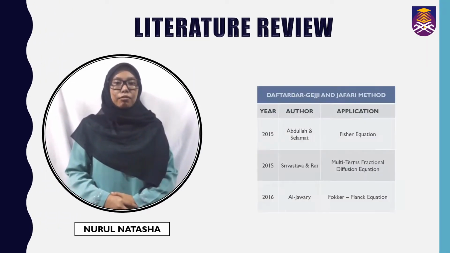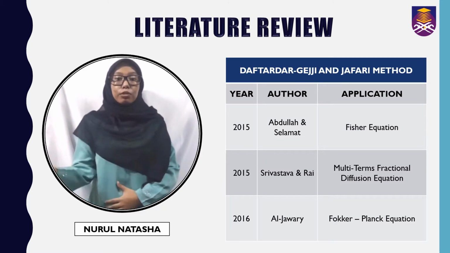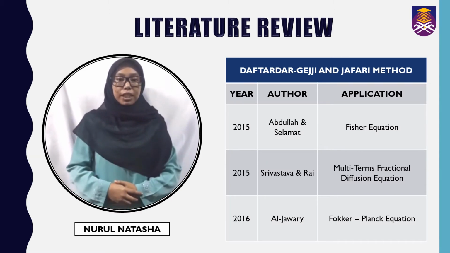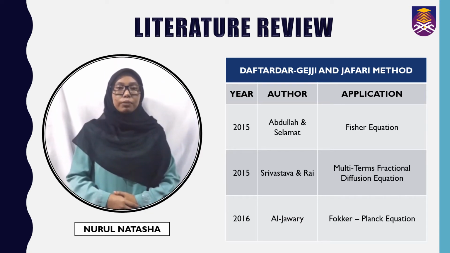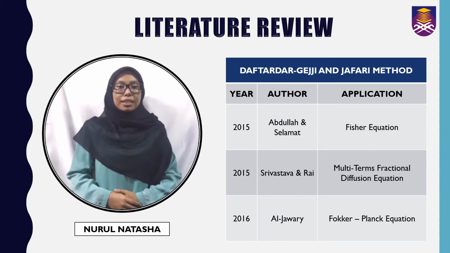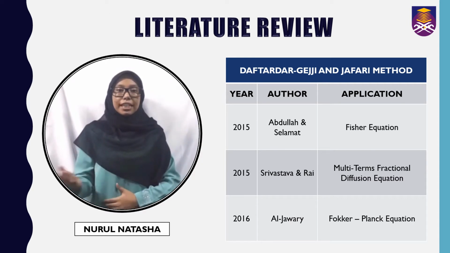Next is the literature review of the Daftardar-Gejji and Jafari method. In the article by Abdullah and Salamat in 2015, DGJM has been demonstrated on the Fisher equation in obtaining the power series solution. DGJM is applied to clarify linear and nonlinear functional equations and processing both linear and nonlinear ordinary and partial differential equations of integer and fractional order.